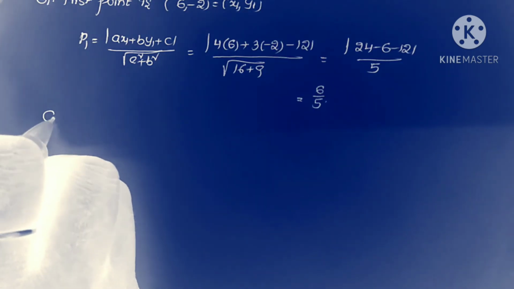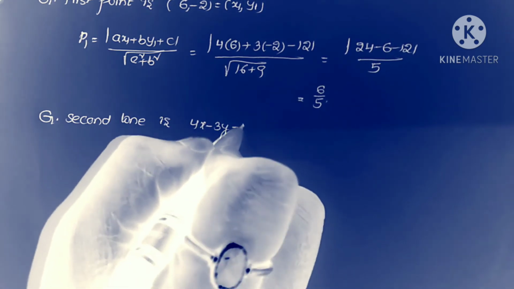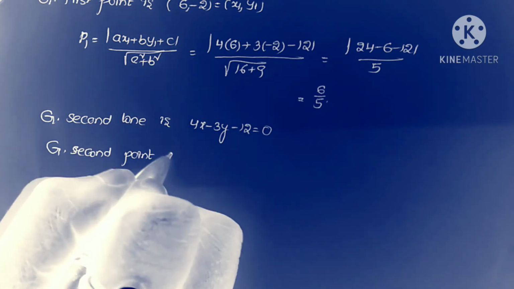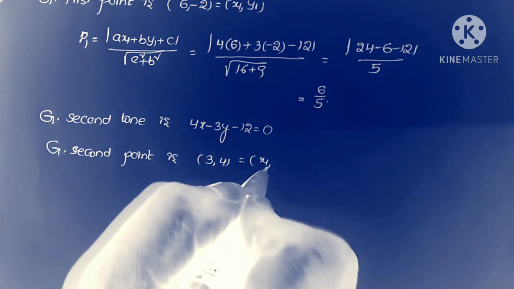Next we write the second line. The given second line is 4x - 3y - 12 = 0, and the given second point is (3, 4). This is (x1, y1).